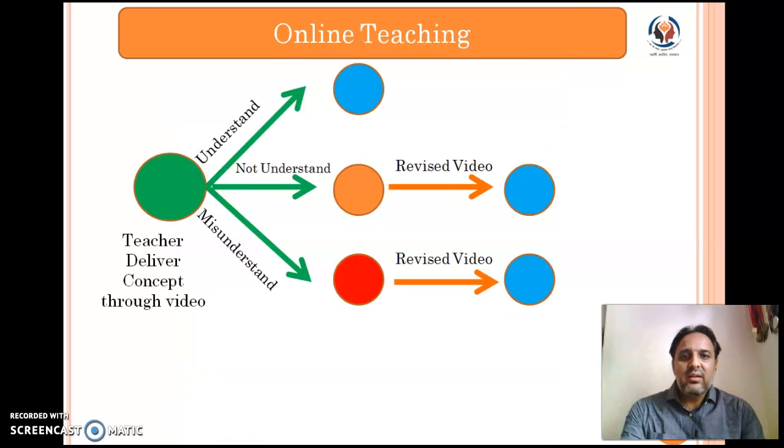So we can see it through this graph, that the teacher delivers the concept through video, the student understands, some maybe do not understand, or some students misunderstand, but they can revise the video again and again. So there is no need for the teacher to repeat the concept.